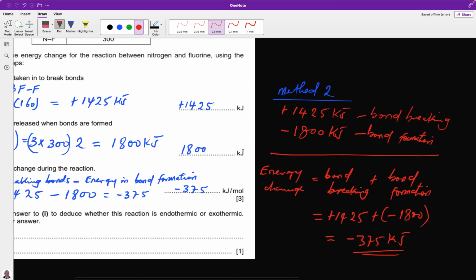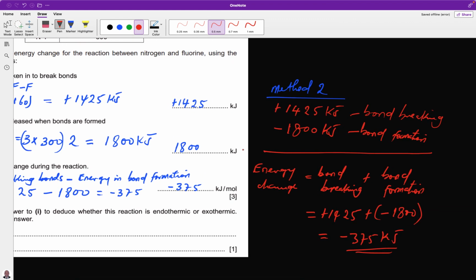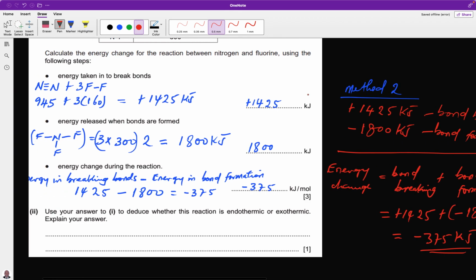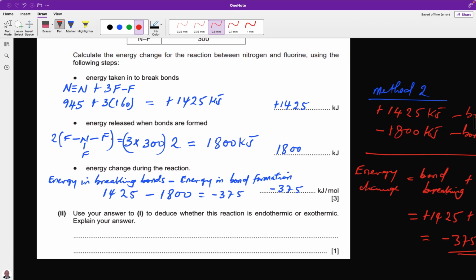But if you don't want to use that formula, you just want to add everything, make sure that for bond breaking it is positive, and for bond formation it is negative. Then add everything, you will still have the same answer. So this is method 2 and this is method 1. By using this, you will have the same answer.